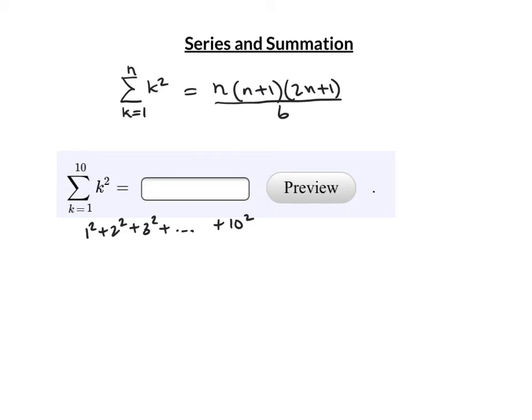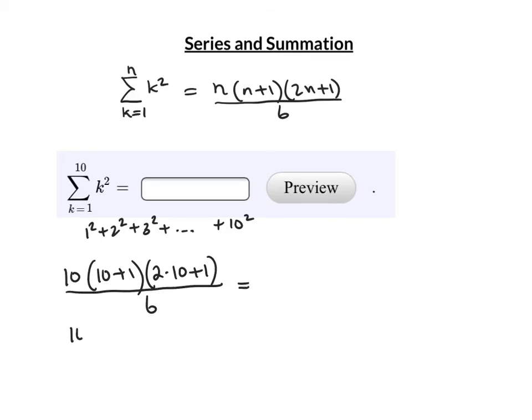So this was discovered again by patterns, just like we did the last one. A little bit trickier though. But all you need to do here is know how to use the formula. So we're going to 10. So the formula says that'll be 10 times 10 plus 1 times 2 times 10 plus 1, all divided by 6.